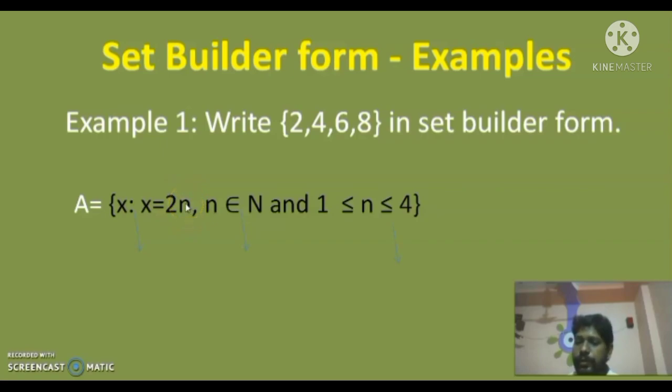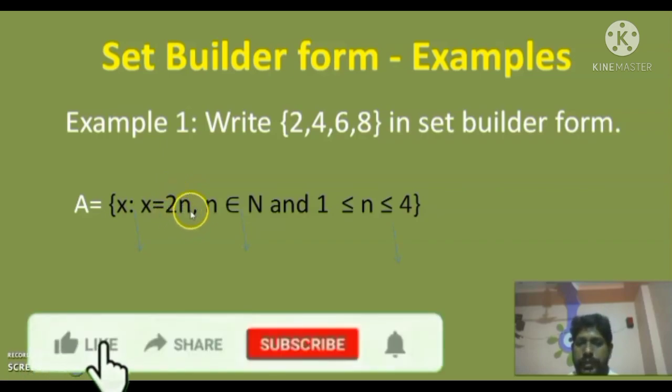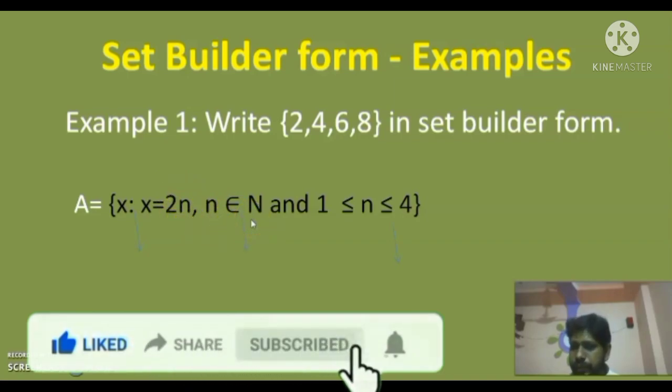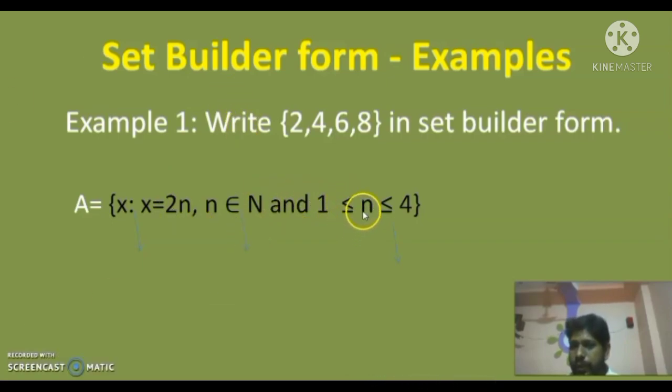This is a very important point: 2n is the definition of an even number. n belongs to capital N, meaning natural numbers, and 1 less than or equal to n less than or equal to 4. This is the way of representing listed elements in set builder form.